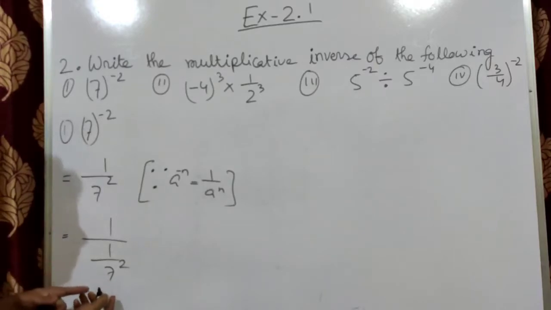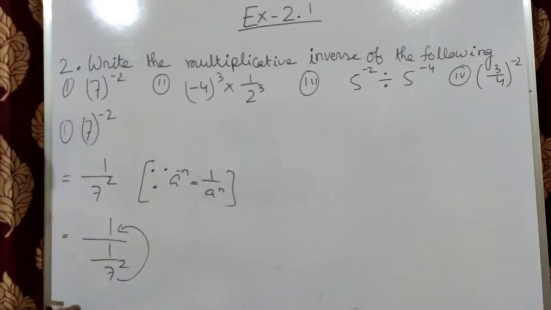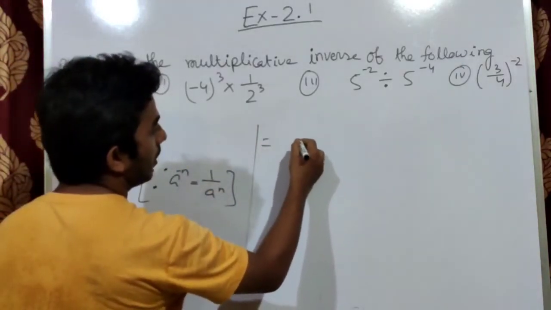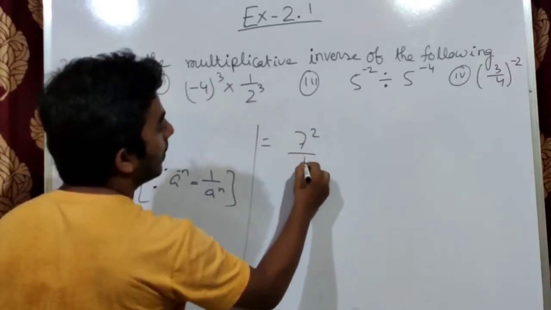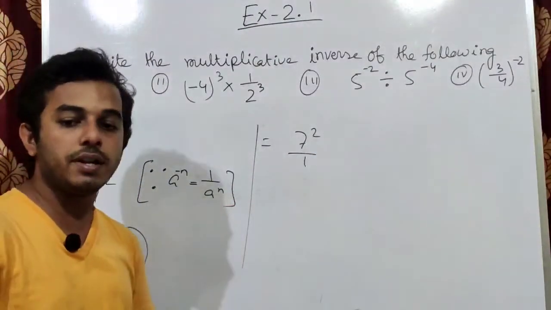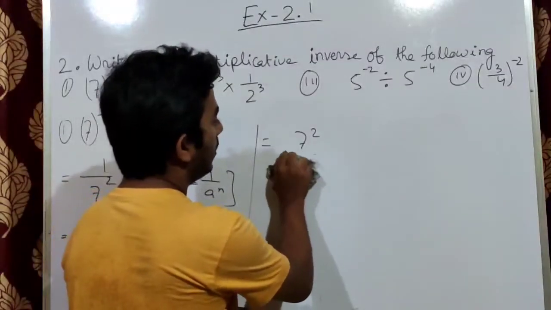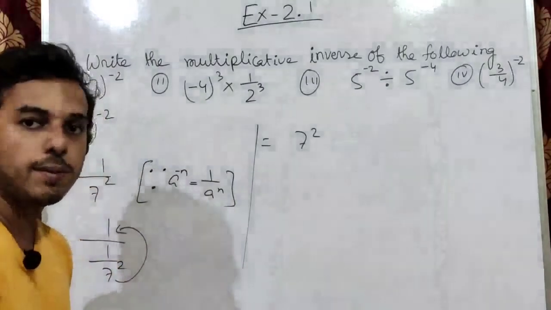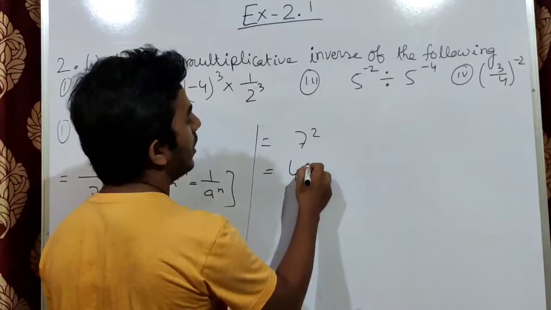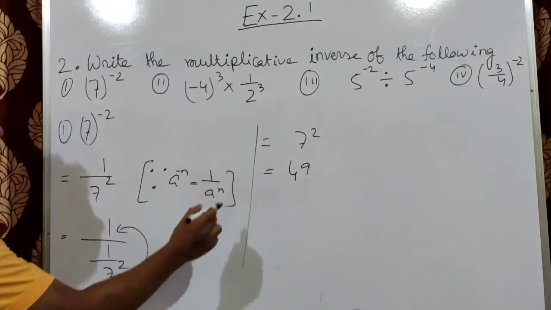So here this 7 square will go in the numerator, right? So our next step will be 7 square divided by 1, and we need not write this 1 in the denominator. So our expression will be 7 square, and we know 7 square is 49. 7 into 7 is 49. Clear? So multiplicative inverse of 1 by 7 square is 49.